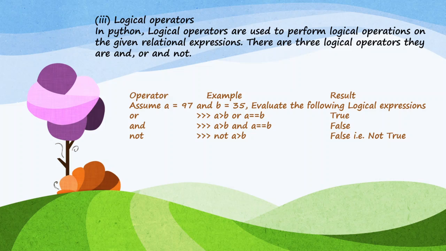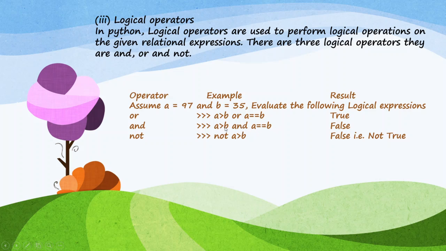A greater than B or A equal to B. So we have to check whether A is greater than B, that is true, or A is equal to B, that is false. So either one should be true, then you will be getting the result as true. And, A greater than B and A is equal to B. Both the expressions should be true.